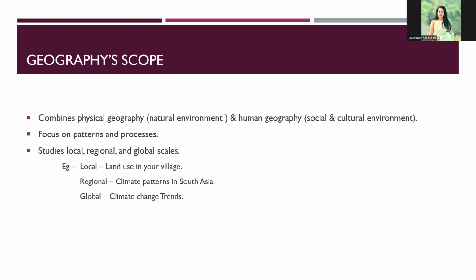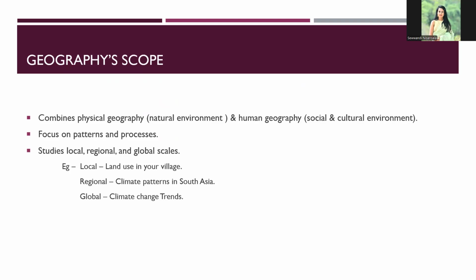At the regional level, South Asian monsoon patterns affecting Sri Lanka and India. And at the global level, climate change leading to sea level rise and affecting coastal towns like Negombo and Hambantota. Likewise.